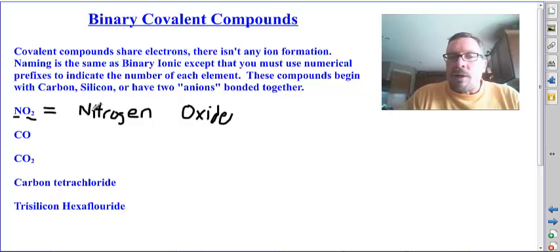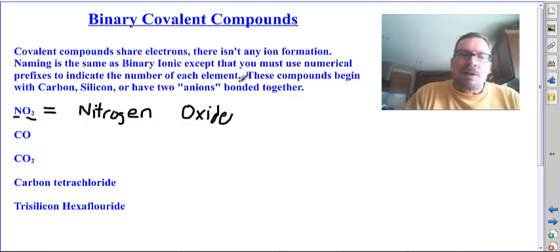On your periodic table cheat sheet you have a list of those prefixes, 1 through 10. Here we have 1 nitrogen, and the first prefix would be mono. Here is our one exception: for the very first element, and the very first element only, I do not have to write mono.